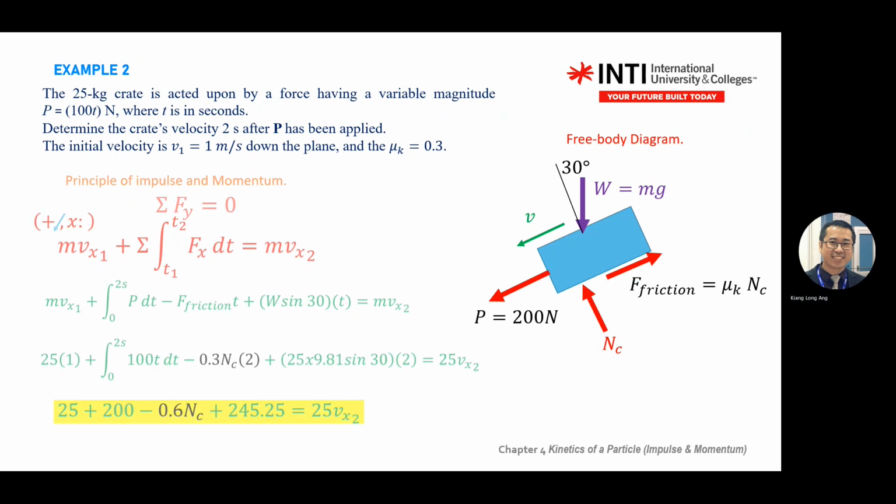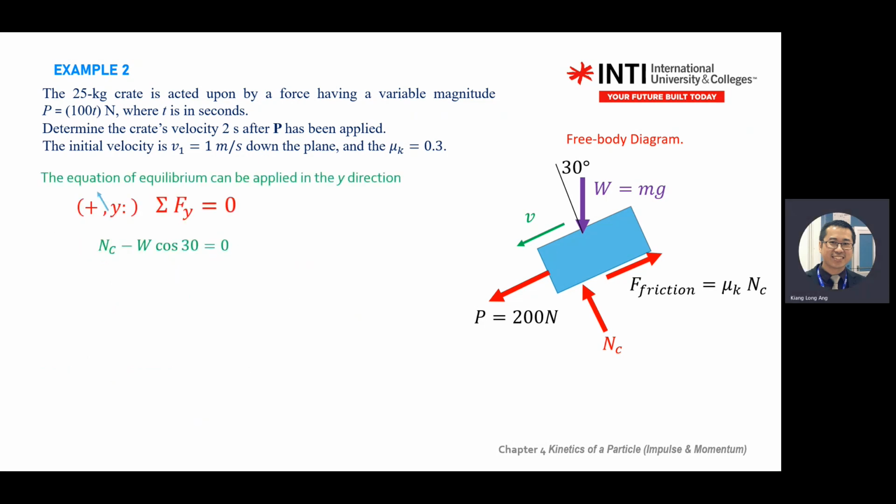Okay. We continue. In this case, you see, for the equation of equilibrium we will use F equal to ma here. Why F equal to 0? Because in this case, there's no acceleration in the y direction. Although you see this one looks like your statics, F equals 0. But if you put the chapter 2 F equal to ma equation, the a in the y direction is 0.